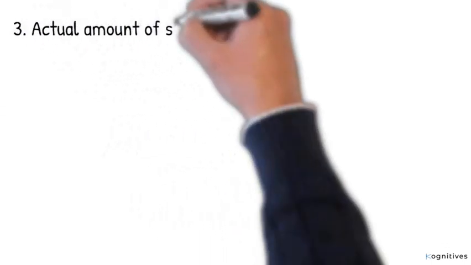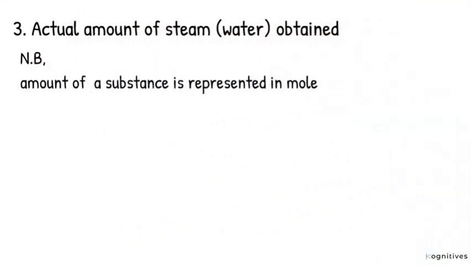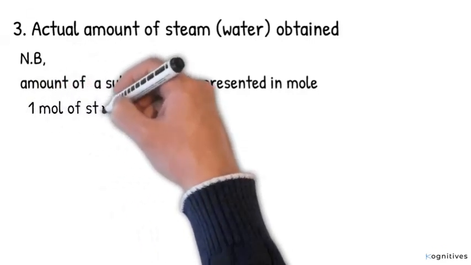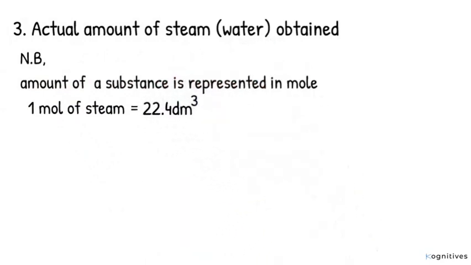Lastly, we were asked to calculate the actual amount of steam obtained. In stoichiometry, the amount of substance should be represented in moles, since the unit of amount is the mole. Thus, all we have to do is to convert the volume of steam obtained into a certain number of moles as follows. 1 mole of steam is equal to 22.4 dm³ of steam.